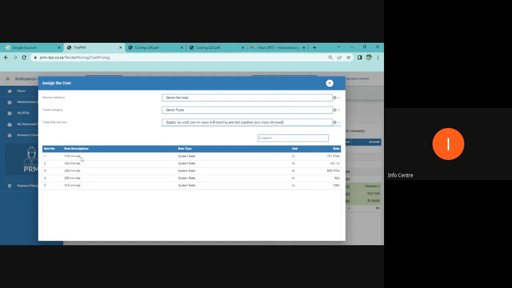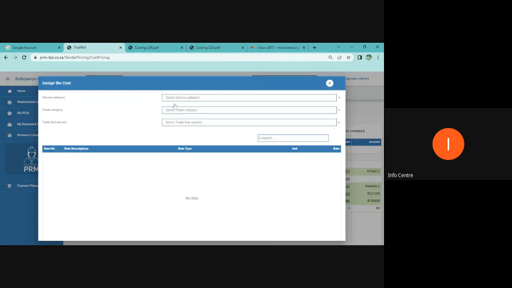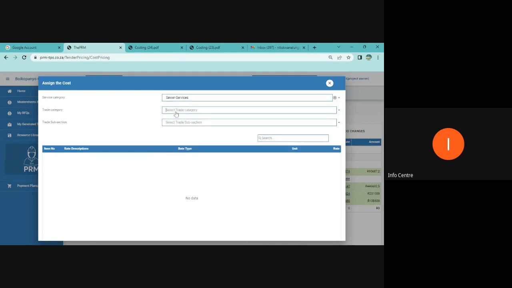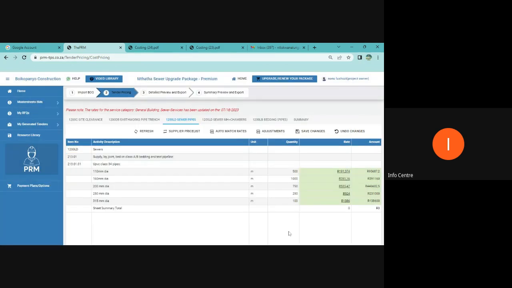Then the first one is 110. There, I have it over there. I'm looking for 160 now. I click on it. I go for sewer. I go for sewer pipes. I go for PVC 160. There, I have it over there. Once I'm done, I save changes. Good. Then I move on.